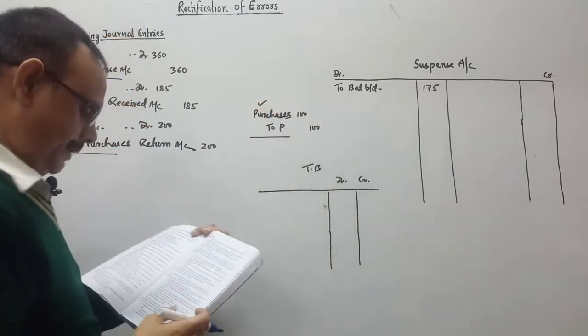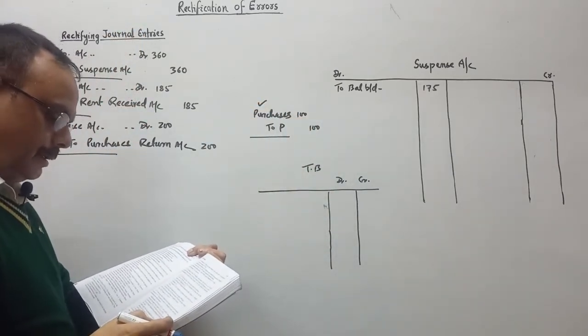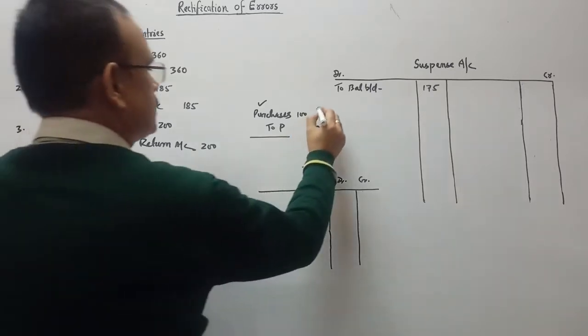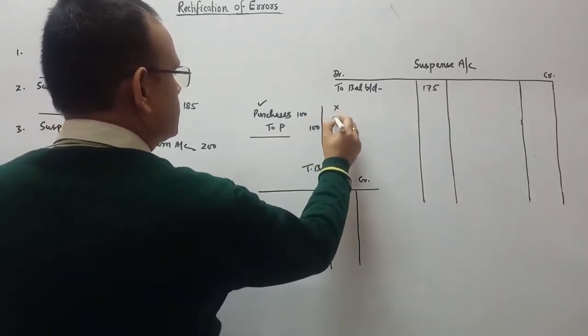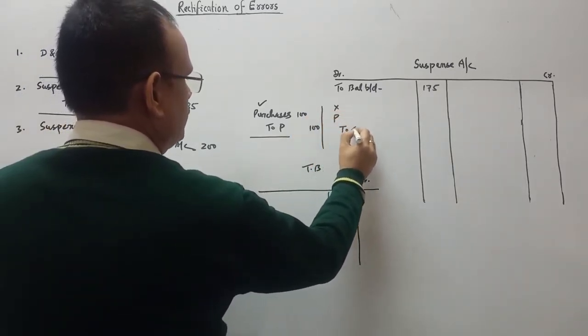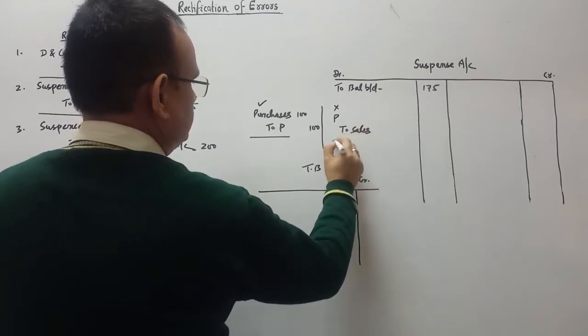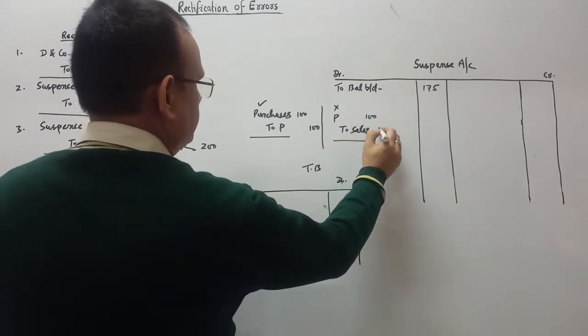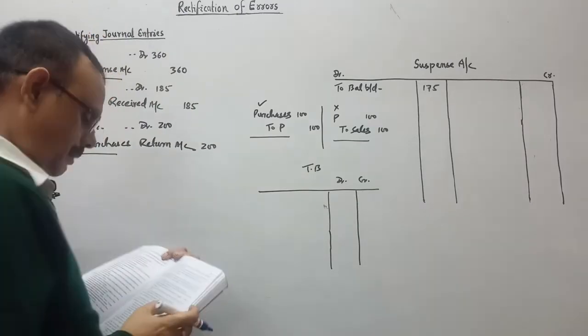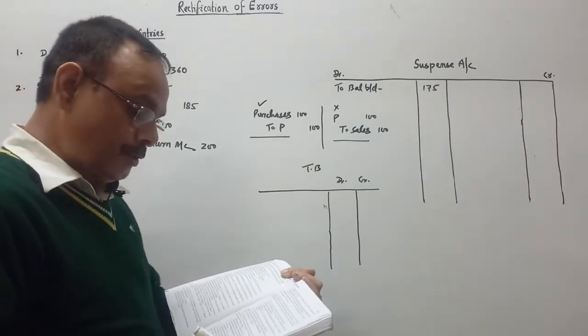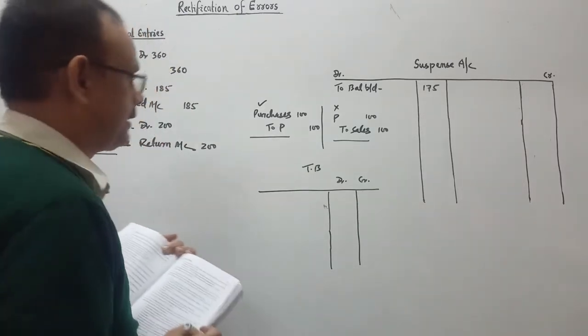This is the right entry, but the amount was entered in the sales book. Wrongly it is recorded in the sales book, meaning Prakash account debit to sales account, 100 rupees. Thereafter it says the account of Prakash was correctly credited.